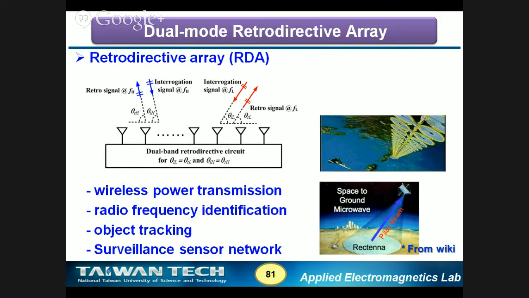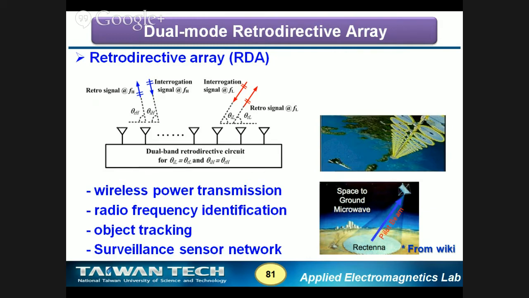You can transpond your work information, like the temperature. Just think about the sensor node. You can transmit back your temperature or your humidity or other information to the direction of arrival. This is for RFID or surveillance systems or object tracking in the same way.